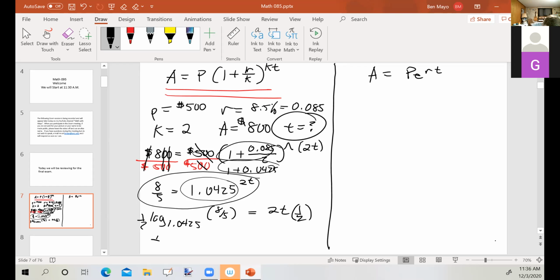So then I've got t equals, and I'm going to change the 1/2 to 0.5 just because it'll be easier to work with. Okay, so I've got t equals 0.5 log base 1.0425 of 8/5. Still with me? Yes.